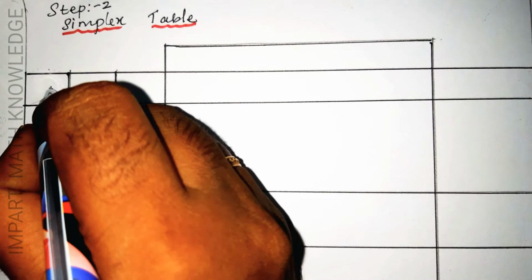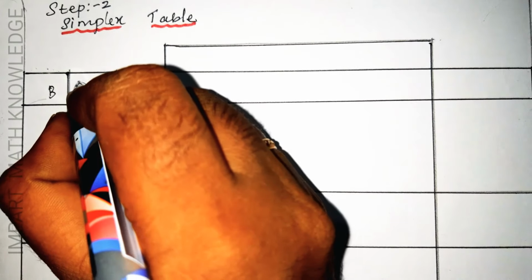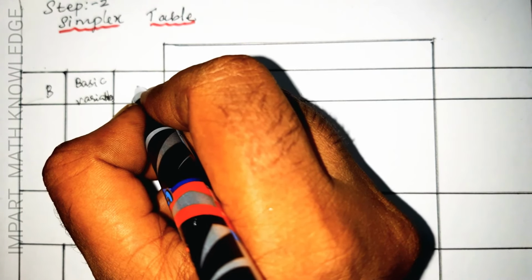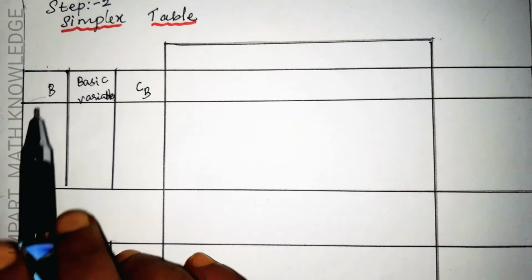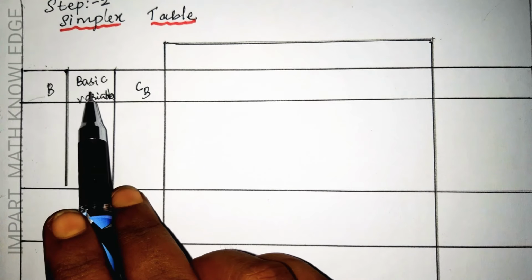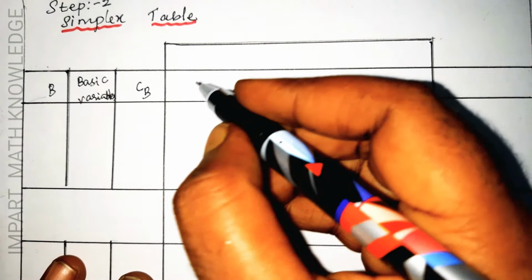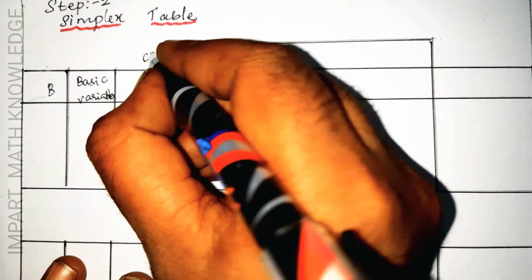Here you have to write b, the right hand side constants. This is basic variables. And this is CB. First one is B, the right hand side constraints. Second one is basic variables. Third one is cost for those variables. Here you have to write CJ.